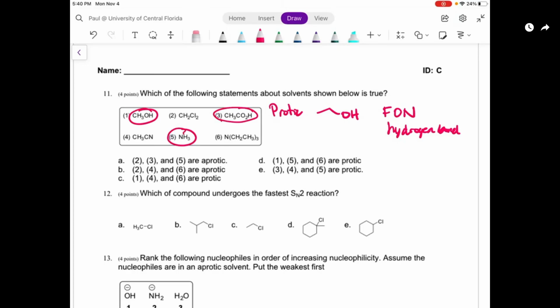Because we see a hydrogen atom directly attached to a nitrogen or an oxygen. Okay. And so the others would be aprotic, which are molecules that have hydrogens, but they're attached to atoms other than those three. And when they're attached to other atoms, they don't undergo hydrogen bonding. So the correct answer choice then for that would be B.